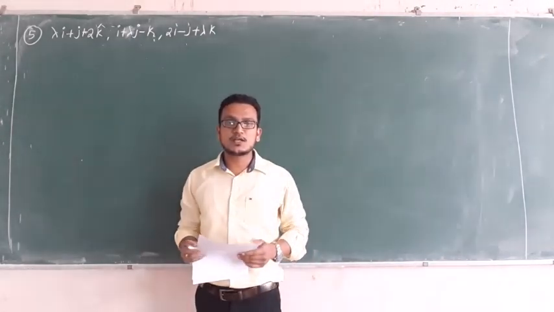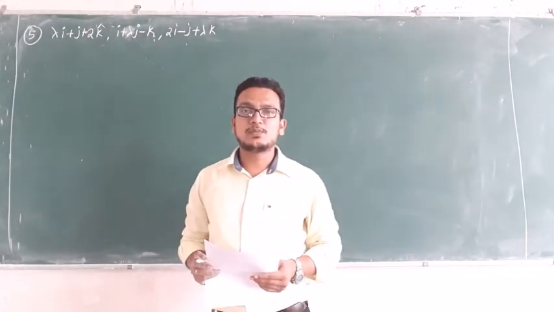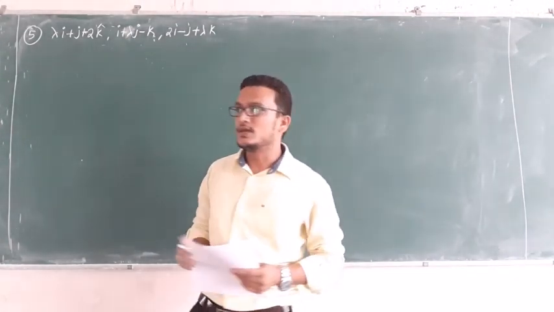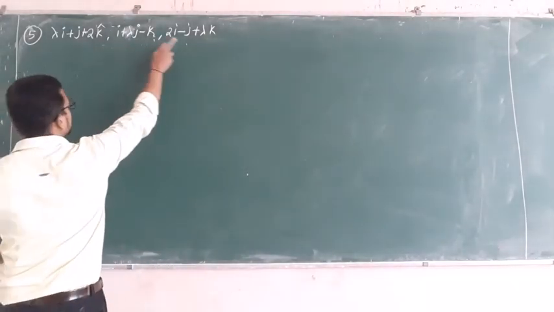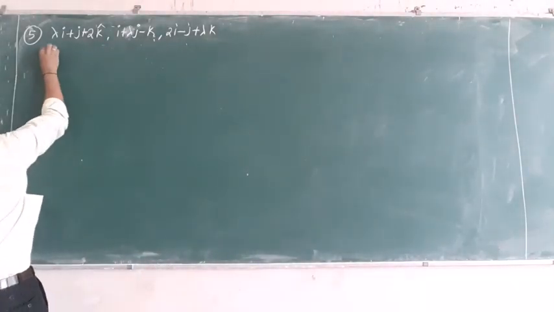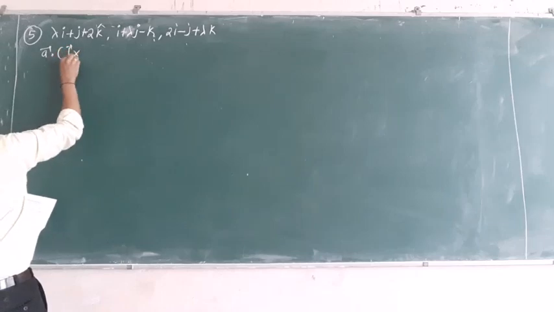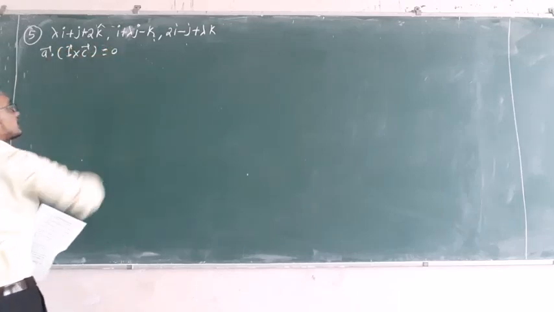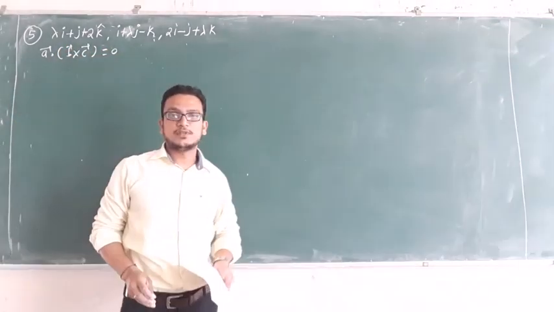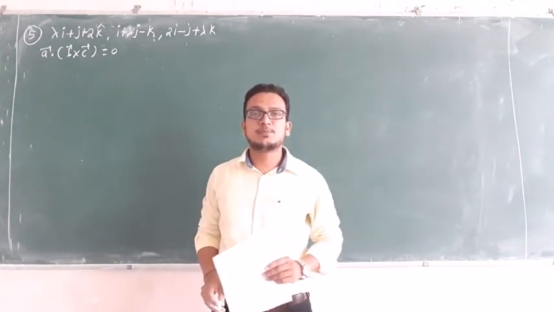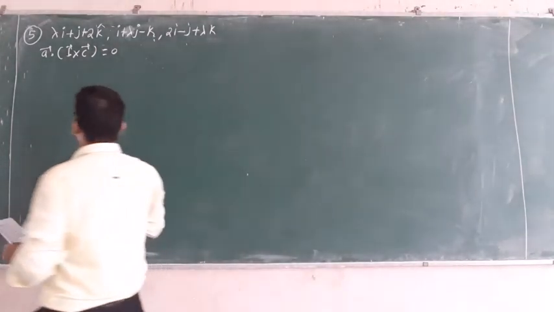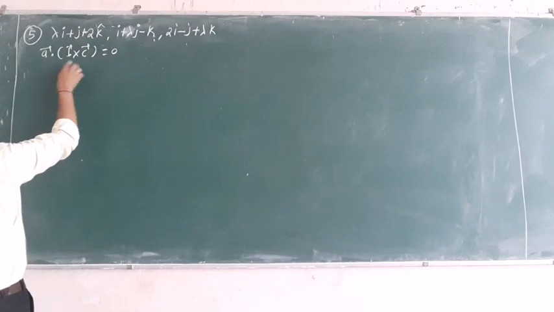So the vectors are coplanar when their scalar triple product is 0. Suppose this is vector A, vector B, vector C, and we can write A dot B cross C is equal to what? 0. The 3 vectors are coplanar when their scalar triple product is 0. And what is the formula for A dot B cross C?